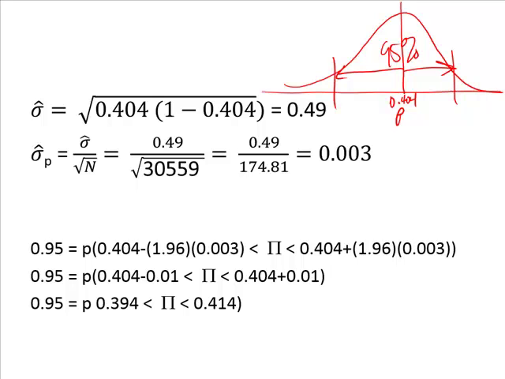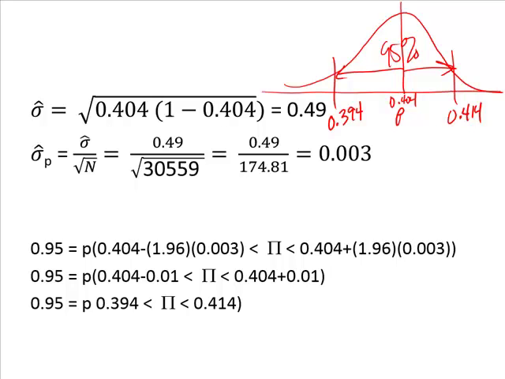So my 95% confidence interval says that the true proportion of Americans who believe that abortion should be granted at any time is somewhere between 39.4% and 41.4%.